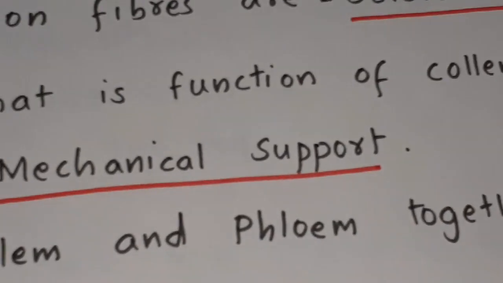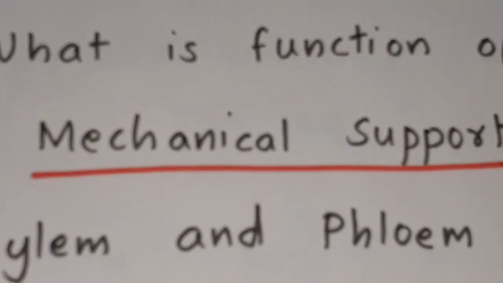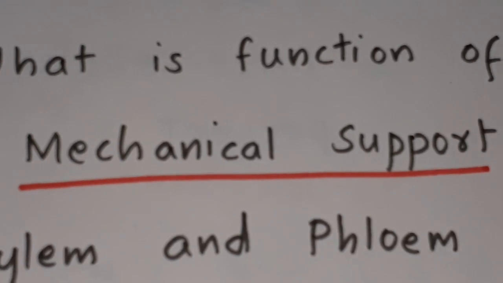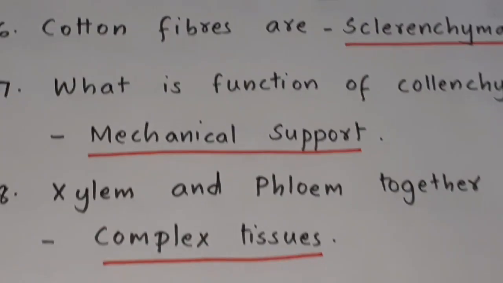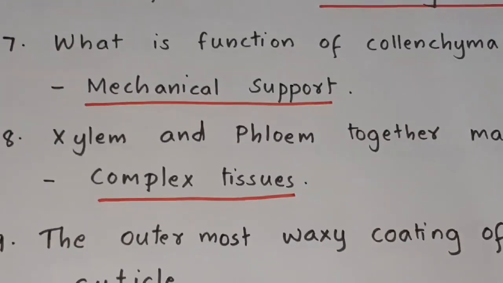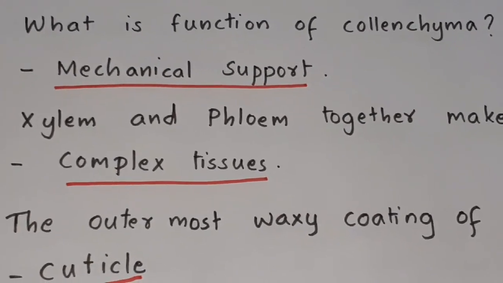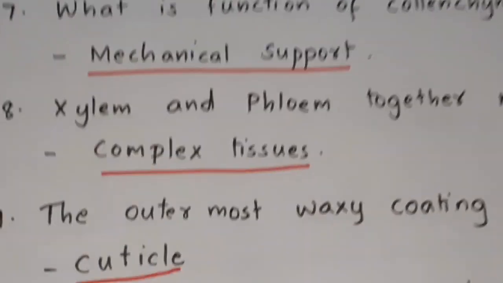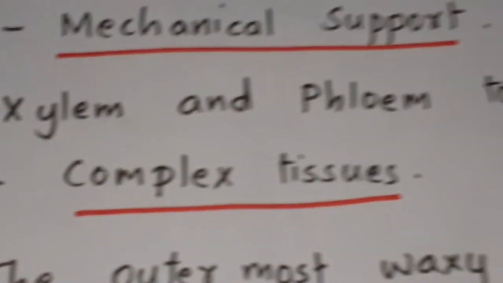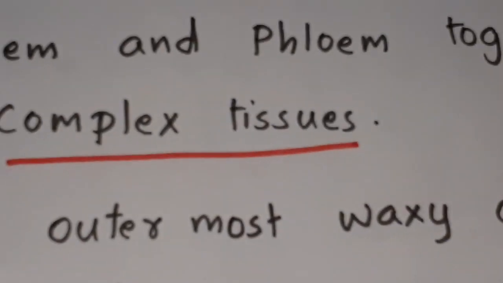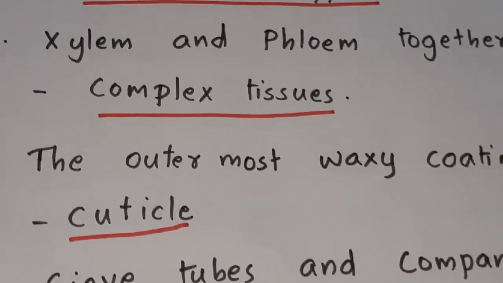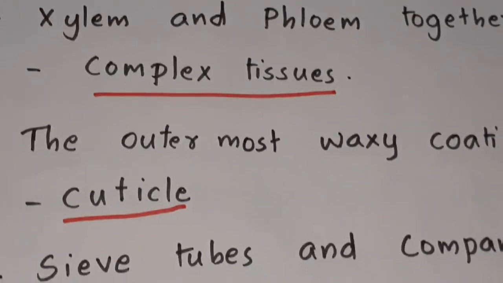Now, the seventh question is, what is the function of collenchyma? The function of collenchyma is giving mechanical support to the plant. Eighth question, xylem and phloem together make up dash. Xylem and phloem together make up the complex tissues. Ninth, the outermost waxy coating of epidermis.